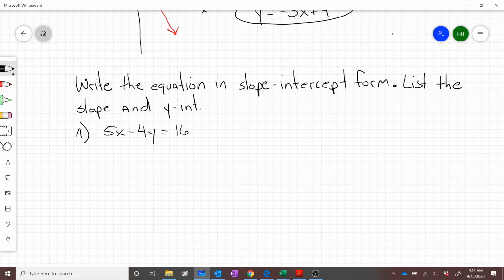And we need this in slope-intercept form, which means we need it in the form of y equals something times x plus or minus something else. Y equals mx plus b. So we're going to get the y on the left-hand side of the equal sign by itself. So we got to subtract 5x from each side.